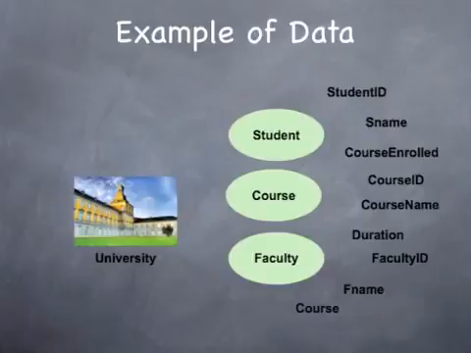We also have a list of a few attributes for each entity. The student would have a student ID, a name, and the course that the student is enrolled in. The course would have an ID, a name, and the duration, or the length of time, for which the course would run. The faculty would have an ID, a faculty name, and would be associated with a course which the faculty teaches.